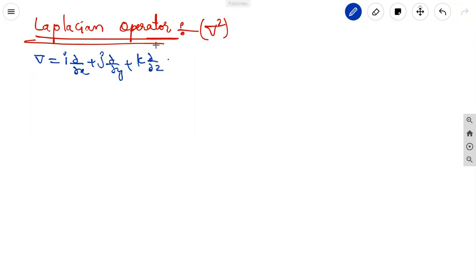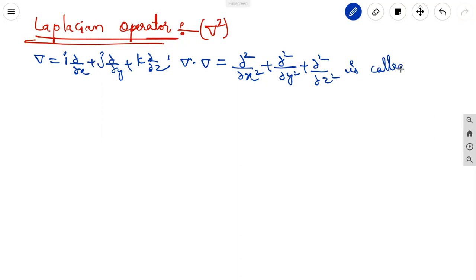Then del dot del, with i dot i equal to 1, is nothing but dou square by dou x square plus dou square by dou y square plus dou square by dou z square. It is called the Laplacian operator.